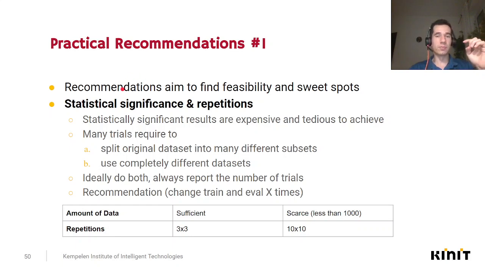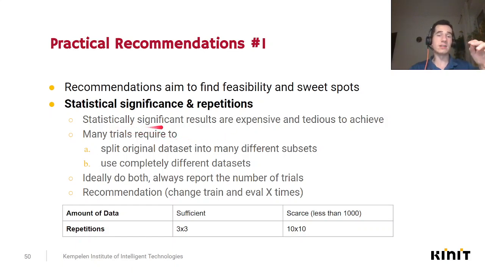So what we can do, we should focus on statistical significance and repetitions. This is very important because only one data set, only one train test split gives us very little information about how the model will perform in practice.